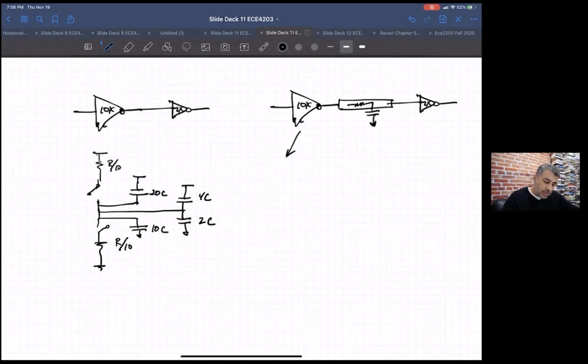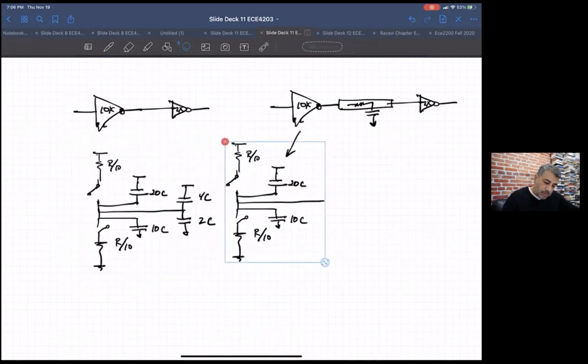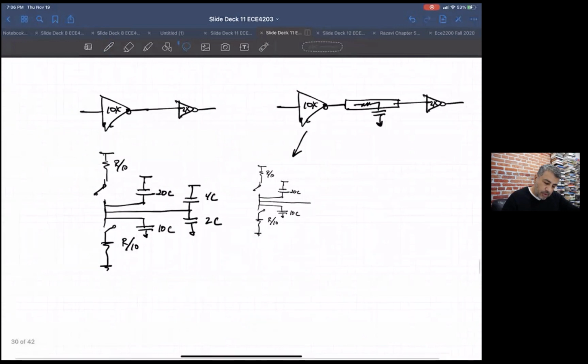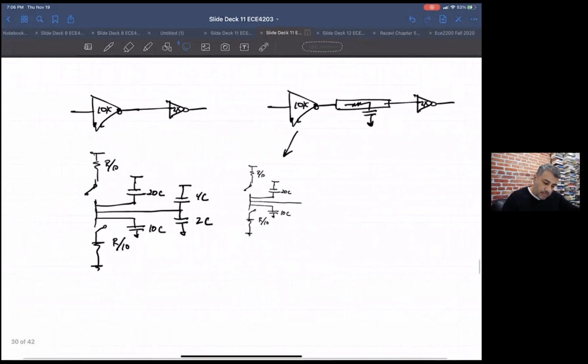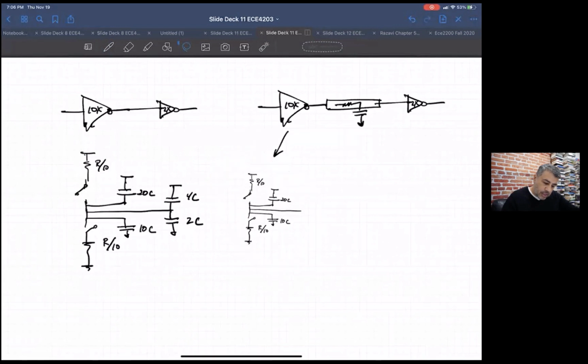This guy would still look like this. Let me shrink it down a little bit. And on the receiver side, we'd have a similar thing.